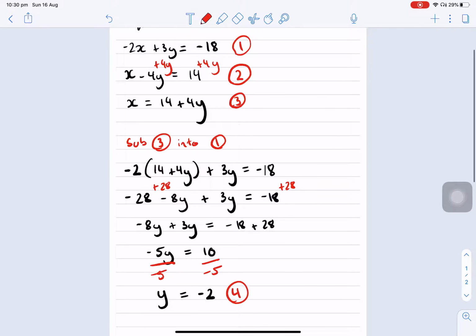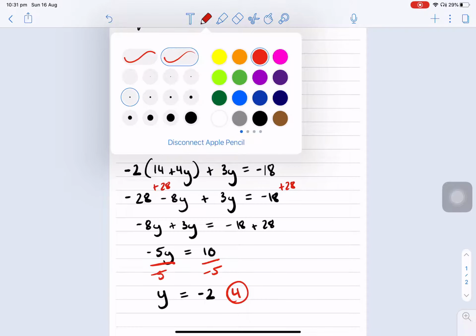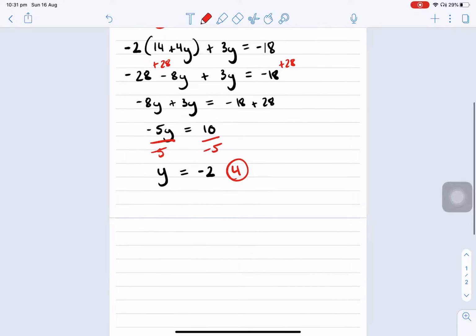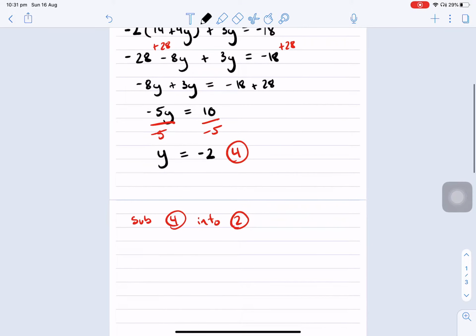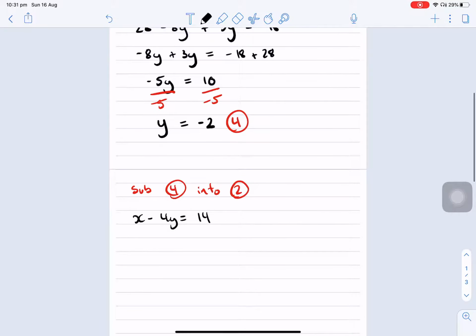And then we're just going to sub to check our solution. We're going to sub equation 4, which we just found, into 2. Now remember, equation 2 was x minus 4y equals 14.